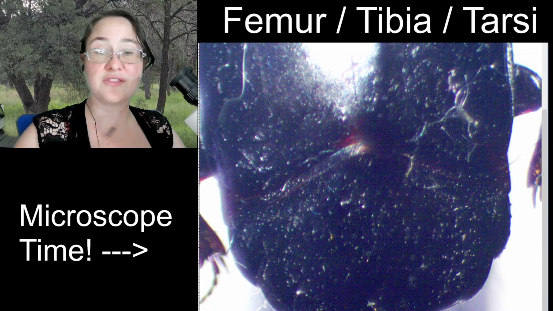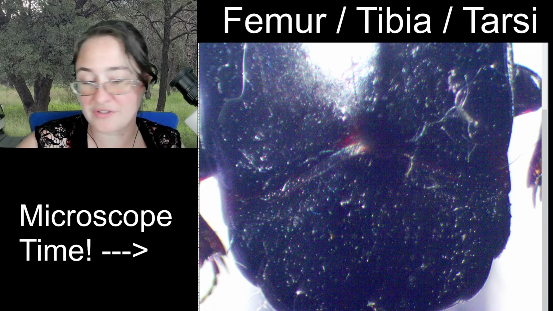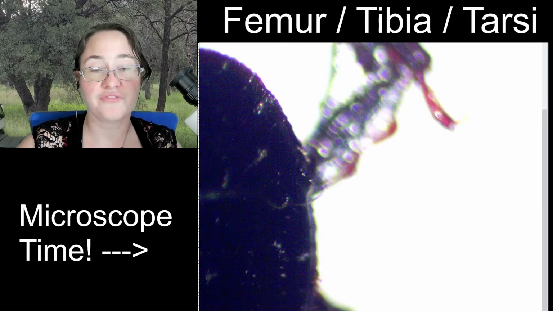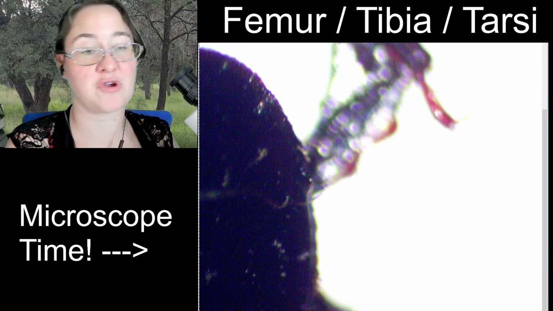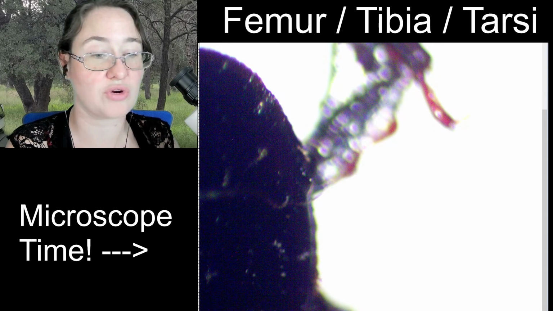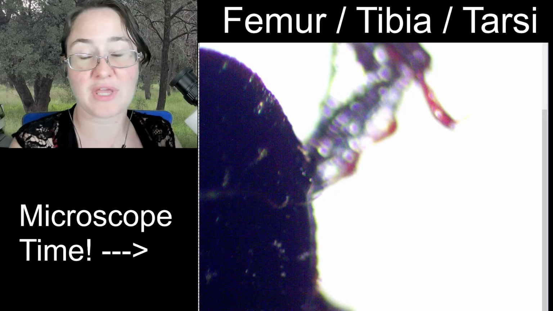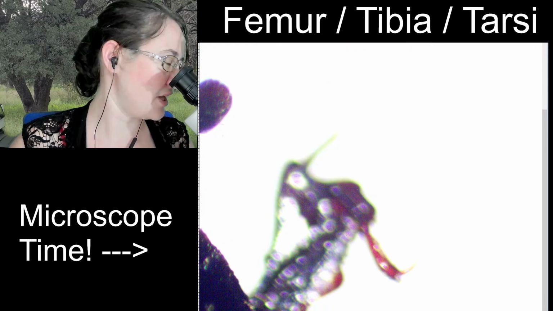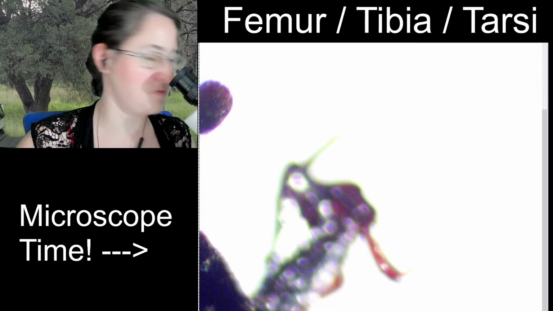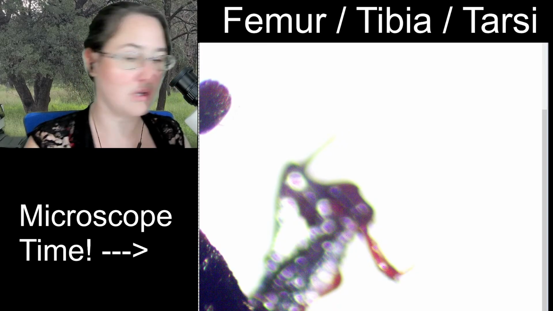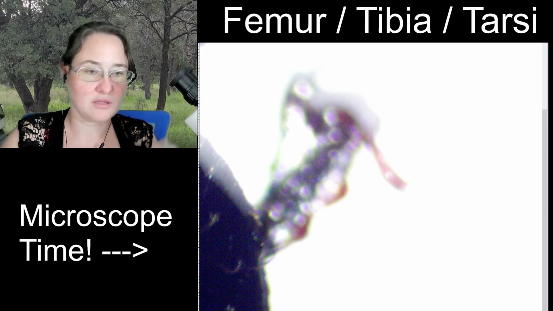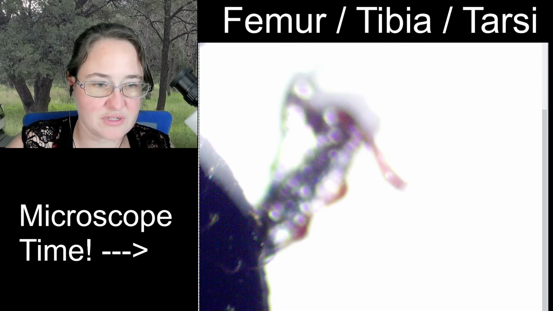In the case of the front leg, we actually can't see the femur because the femur is so short. It is only the tibia that is breaking from past the pronotum here. And I'm about to get this in focus for us.